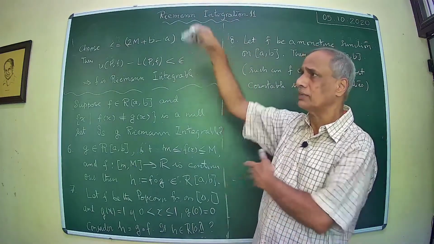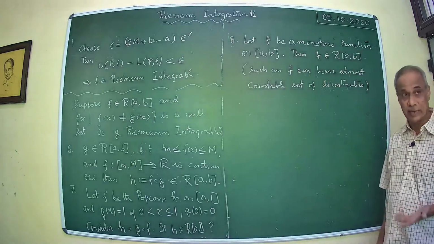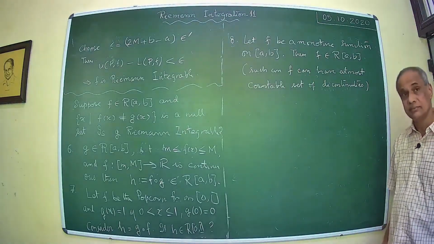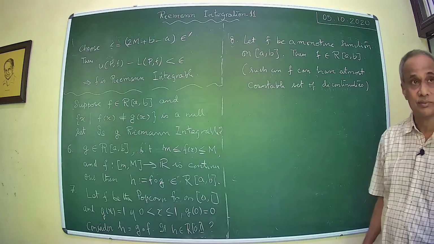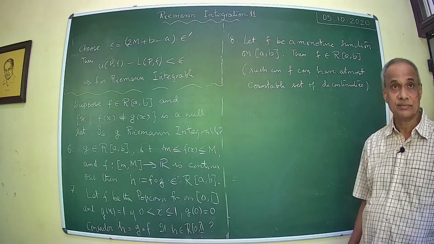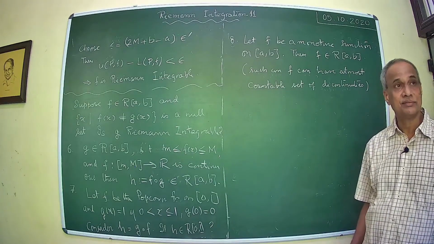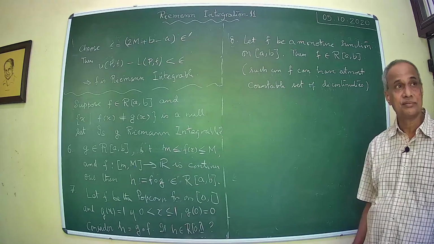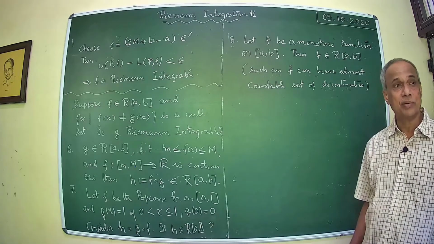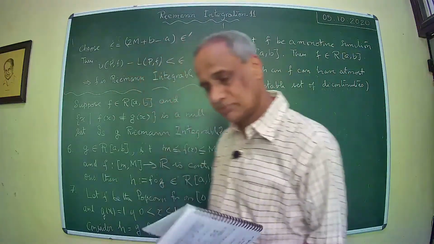So all these rational numbers that you choose can be chosen differently. Therefore, what do you get? You get at most a countable number of discontinuities. That's very simple. Okay.